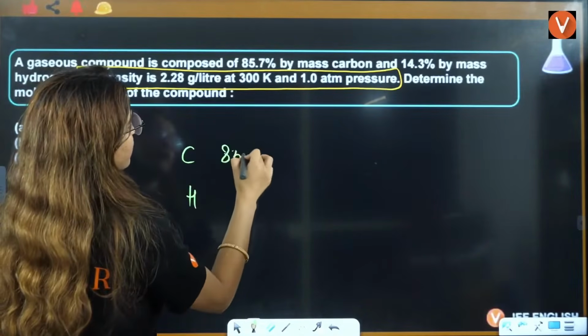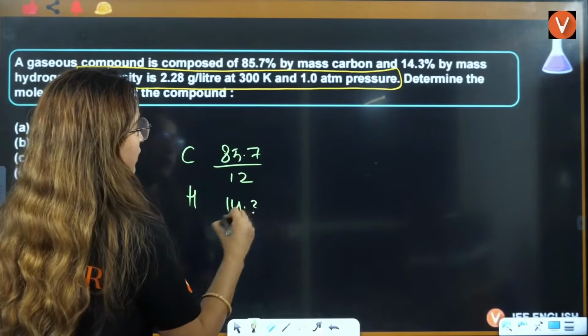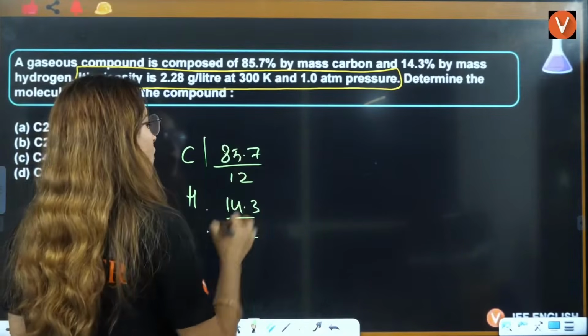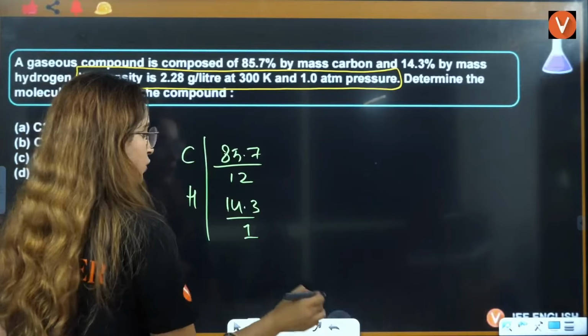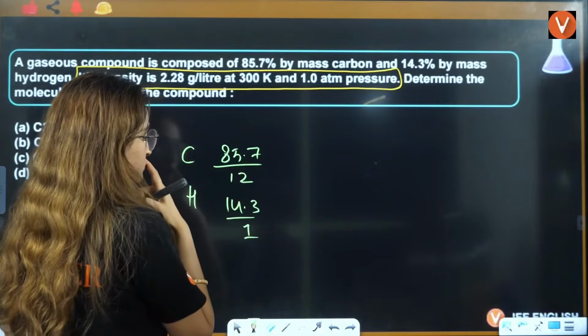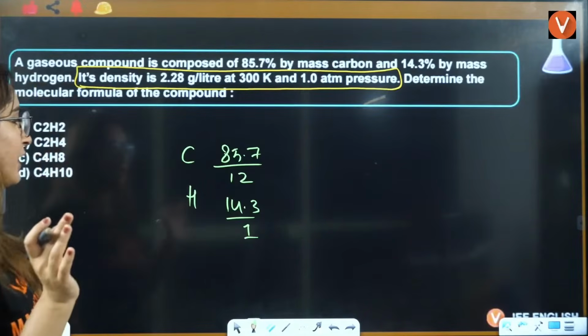Carbon is 85.7, molar mass is 12. Hydrogen is 14.3, molar mass is 1. Directly you will do that, right? Now, after this, you have to take the simple whole number ratio. What you will do: this will be 85.7 divided by 12.